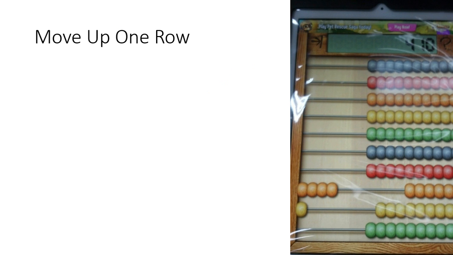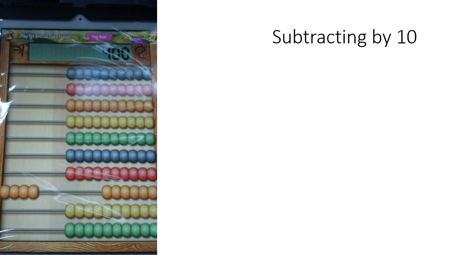Now once we have that, we have to subtract out our 41. The first thing we're going to do is move this 10 over, so we're subtracting 10. We move this 10 over, and we're down to 400. We still have to subtract out 31. Now if you look, let's move another 10 over, and you see we're out of tens. So when you're out of tens, you move one of the hundreds over, and then you move all of the tens over.